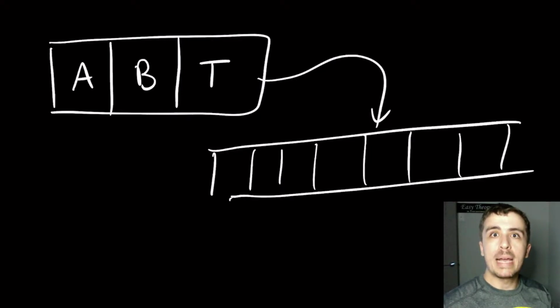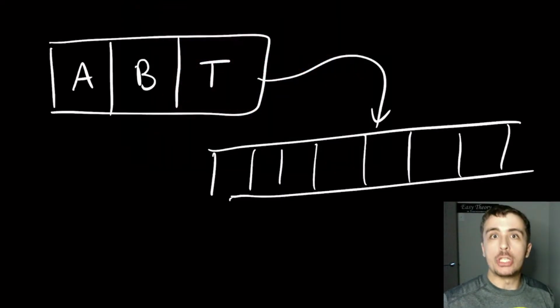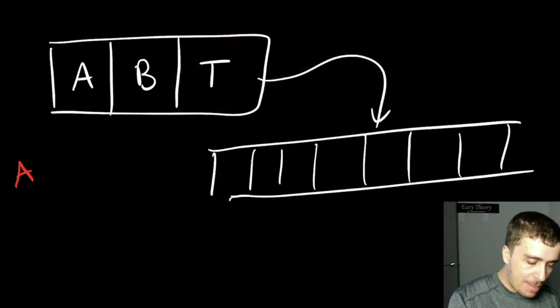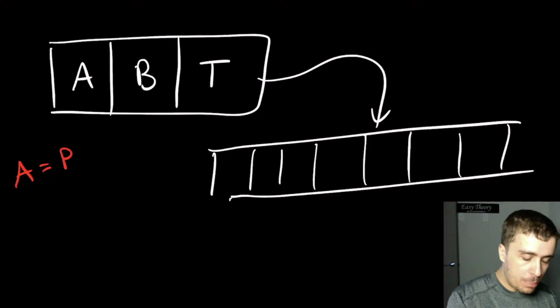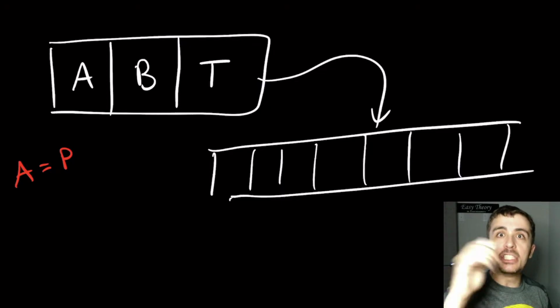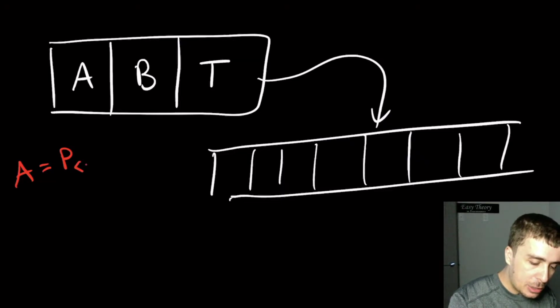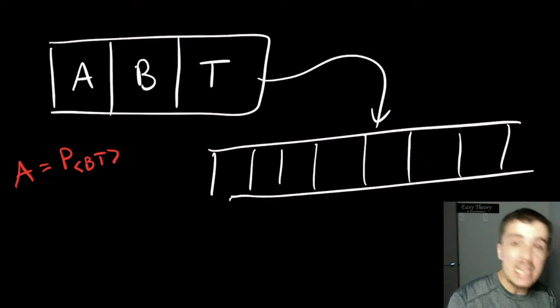Okay, so what we're going to do next is we're going to actually prove this recursion theorem. How do we actually prove this? We need to actually define what the A and the B machines actually are. So the A machine here, instead of A being P sub the description of B, is going to be P sub the description of B and T combined.